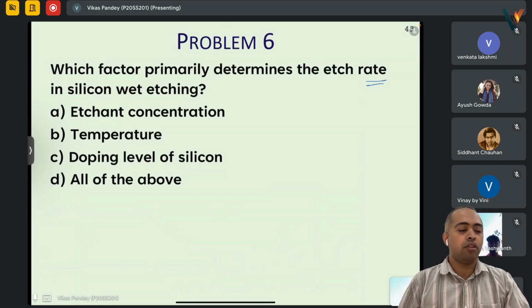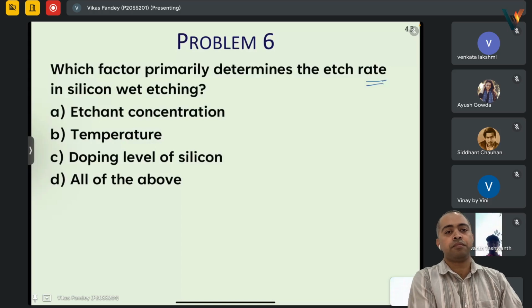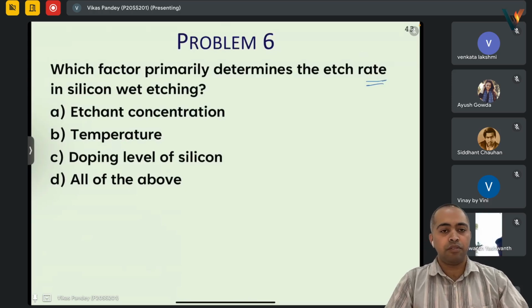Yes, anyone like to answer this? Which factors primarily determine the etch rate in silicon wet etching?